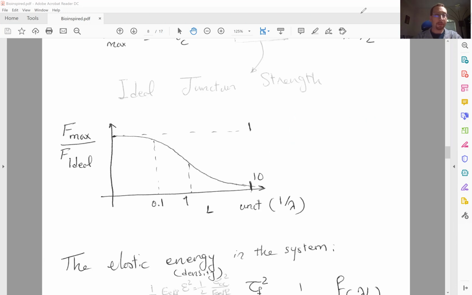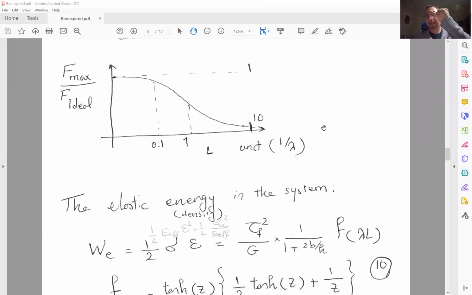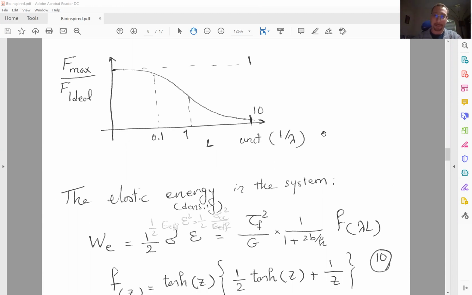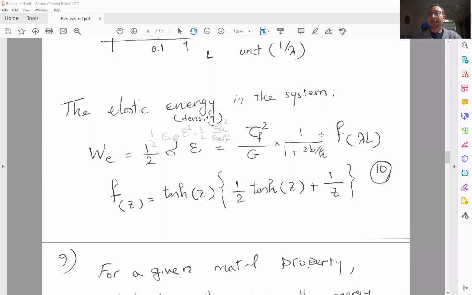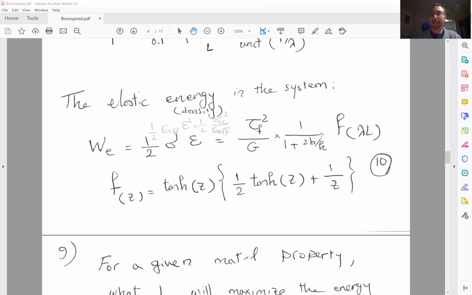Now, the other thing that's very important, which we have to calculate: so we calculated the stiffness, strength, and the critical or yield stress, the force that initiates plastic deformation. We also need to calculate the elastic energy stored in this guy. And what we calculate is the elastic energy density, which is energy per unit volume.